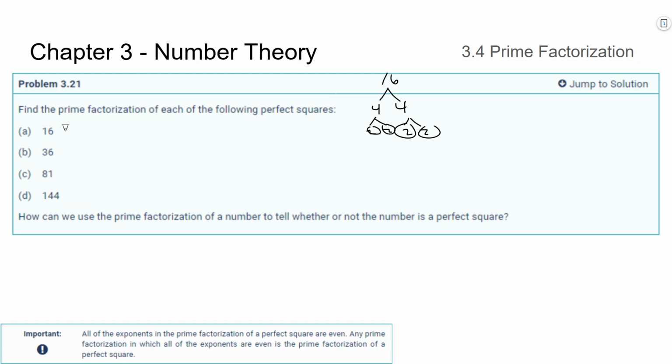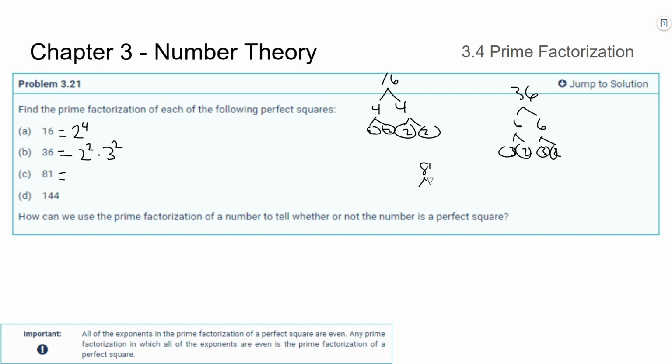So it looks like this is going to be 2 to the 4th. All right, how about 36? 36 would be 6 times 6, which would be 3 times 2 times 3 times 2. Okay. So we have 2 squared times 3 squared.